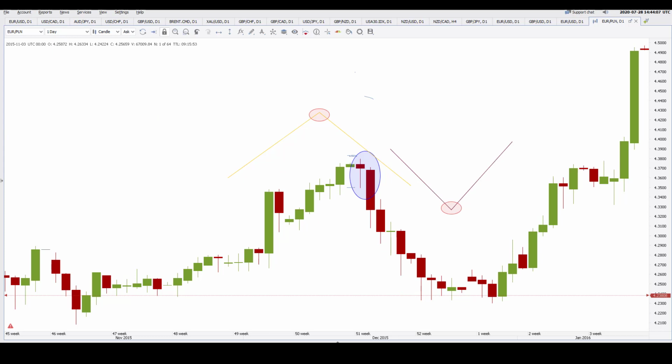And before I finish this one, I wanted to give you a piece of advice that whenever you open a trade, you first manage your risk.